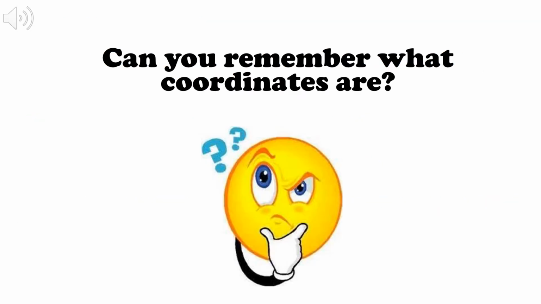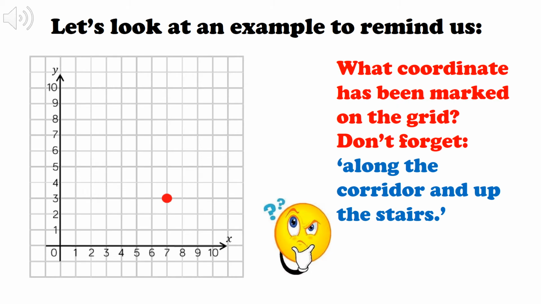My first question for you in our lesson today is, can you remember from yesterday what are coordinates and when might we use them? Okay, so we're just going to think about that question a little bit more and look at an example to remind us. A coordinate, remember, is pinpointing a position on a grid or a map. So in front of us you will see a grid which is labelled with an axis.